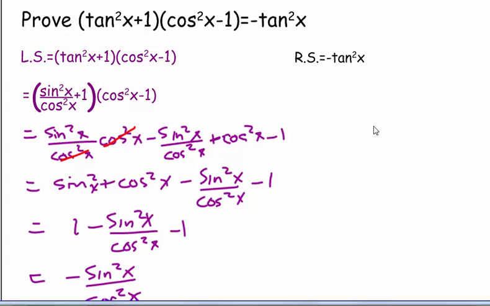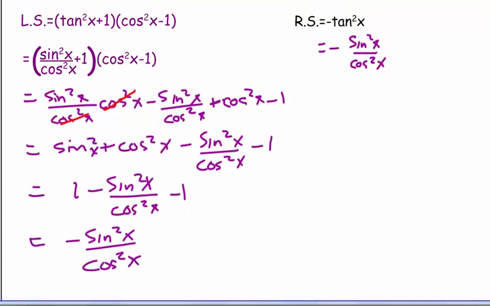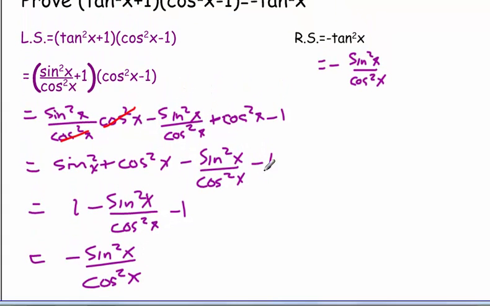And negative tan squared, we know, is the same as negative, and tan squared is sine squared x over cos squared x. And this is how we finish up, recognizing that the left side and the right side are now shown to be exactly equal.